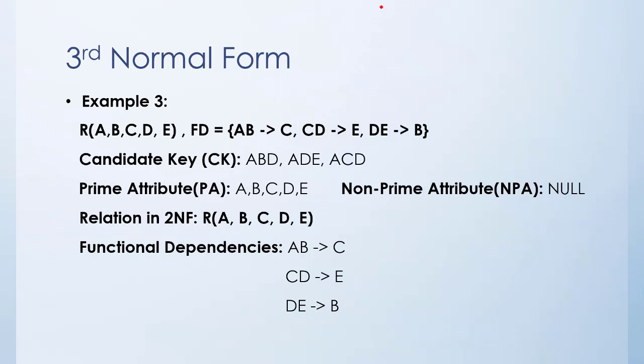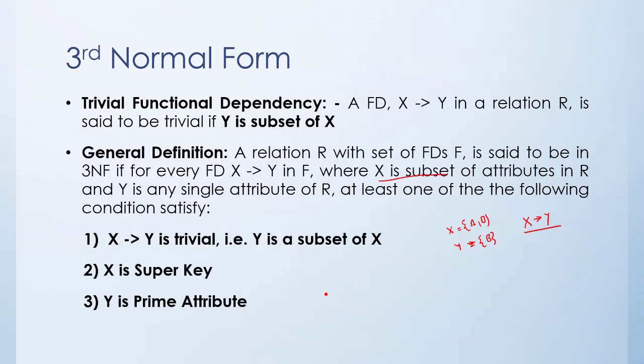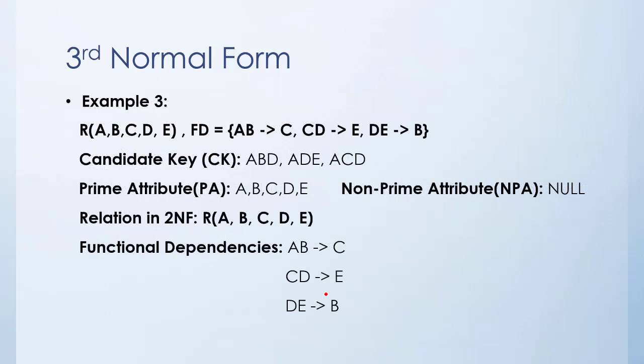Now, the functional dependencies over R are AB determines C, CD determines E, and DE determines B. So you can see that there is no trivial functional dependency. So let us take the second condition: X is a super key. Here X means the set of attributes present in the left hand side.